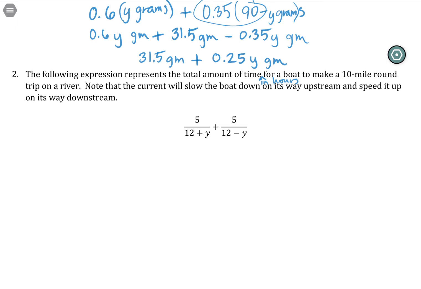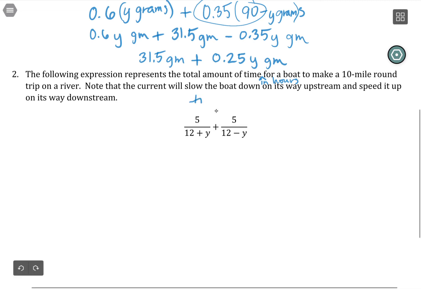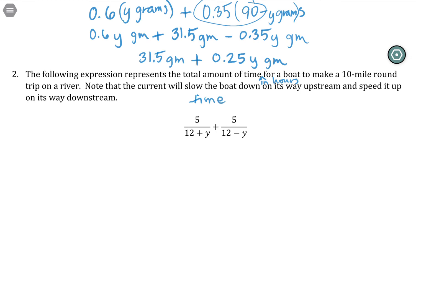Okay, so looking at this expression, we're trying to figure out, if this is time, what all the bits and pieces of it mean. One thing I notice is that the 10-mile round trip is not time information. So I need to figure out how that goes into finding a time.